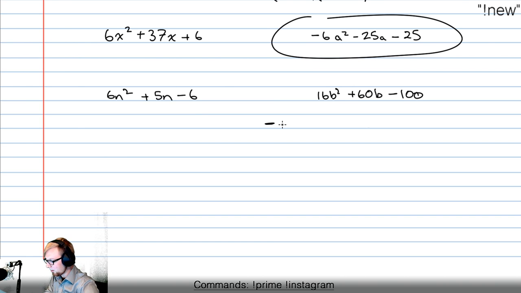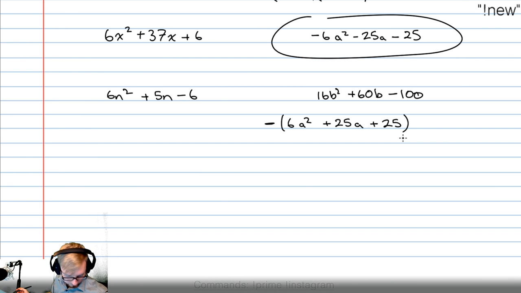Okay. Take out the negative. Negative 1 is a factor in all 3 of those terms. Right. So you can take out a negative 1. If you do it this way, then you won't have to work around so many negatives.